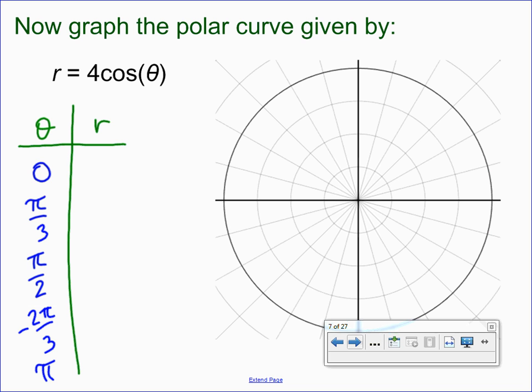Let's start with these values and see what we need to add to get a nice picture. So here we go. At theta equals 0, cosine of 0 is 1, times 4 is 4, yes? So I'm getting 0. Oh, we want an arc on theta, don't we?